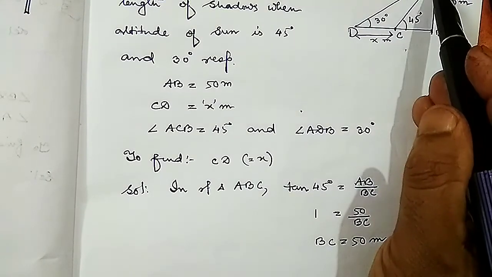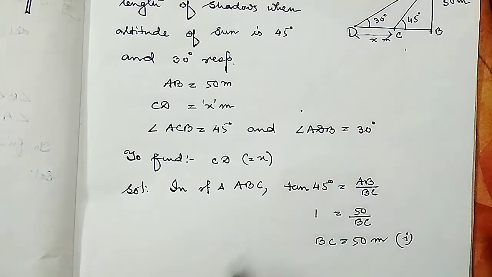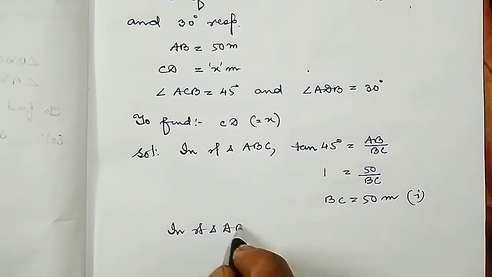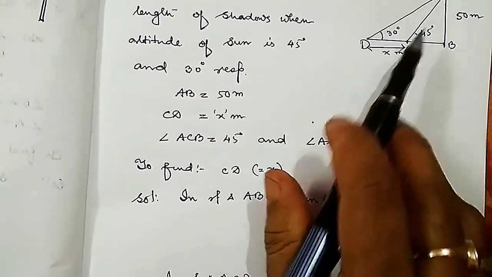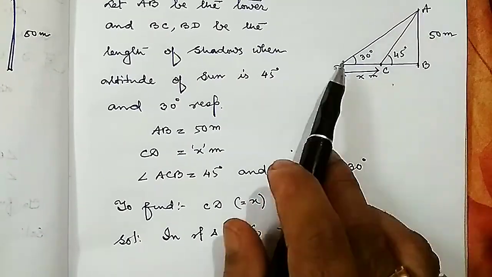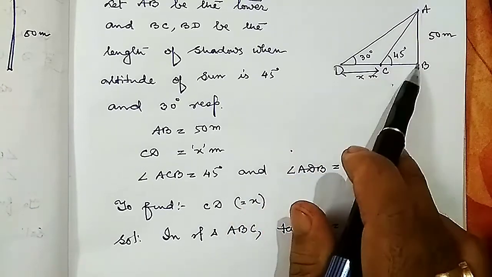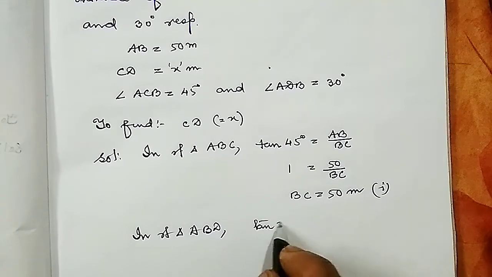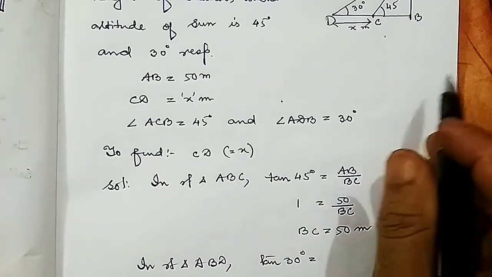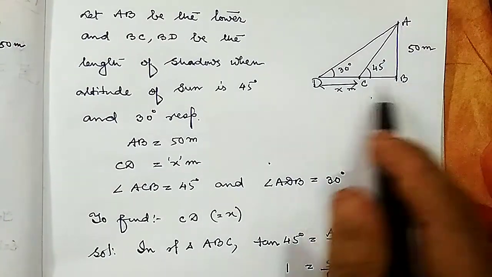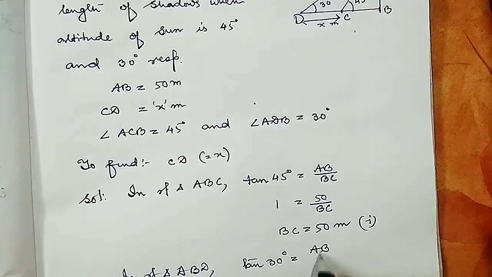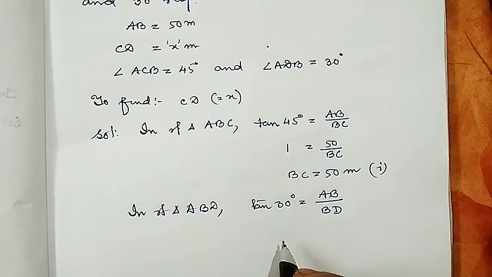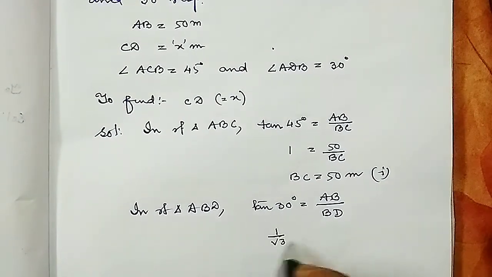Now we are going to take the bigger triangle, that is ABD. In right triangle ABD, here also perpendicular and base, so we have to use tan. So here tan 30 will be, we know tan theta relates perpendicular and base, that is AB by BD. Tan 30, we know value of tan 30 is 1 by root 3.